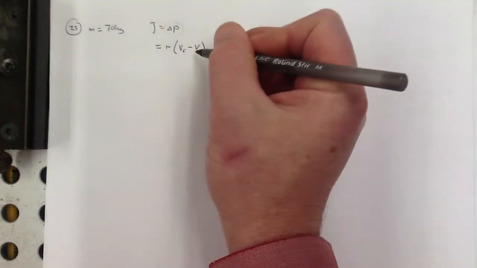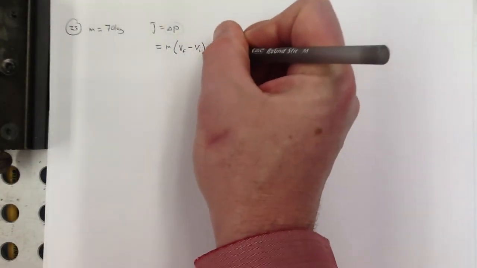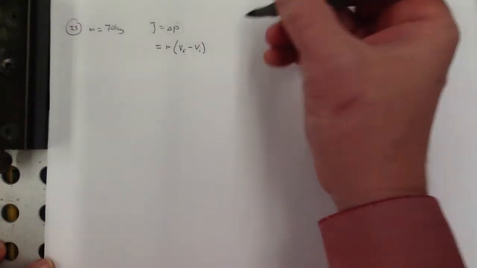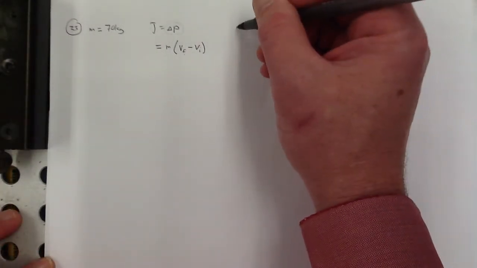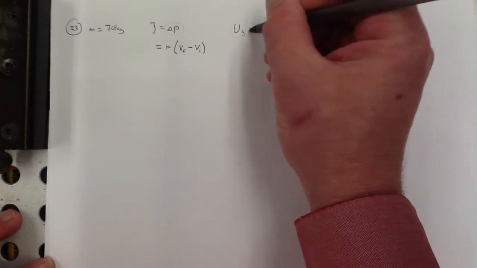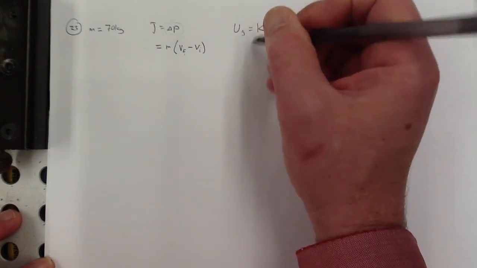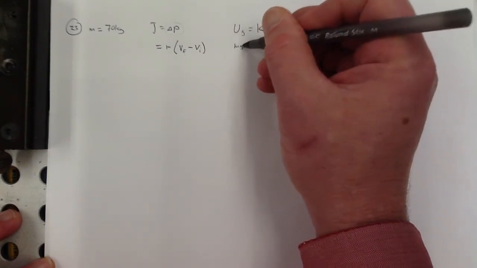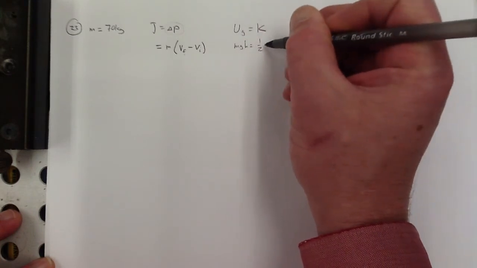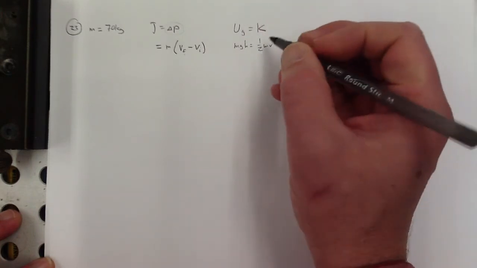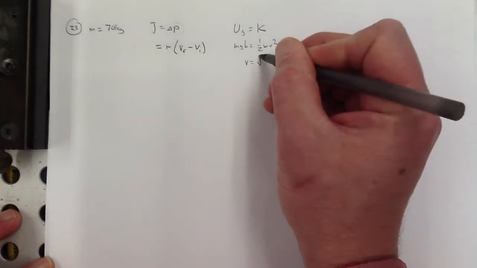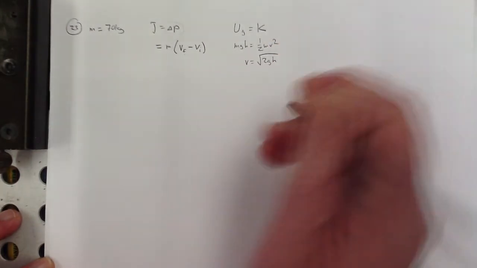And his initial velocity, if he's belly flopping from a height of 12 meters, there are a couple ways to do that, but the easiest way is to say that his gravitational potential energy at the top is going to turn into kinetic energy. So we've done this many times. His velocity is going to be the square root of 2gh.